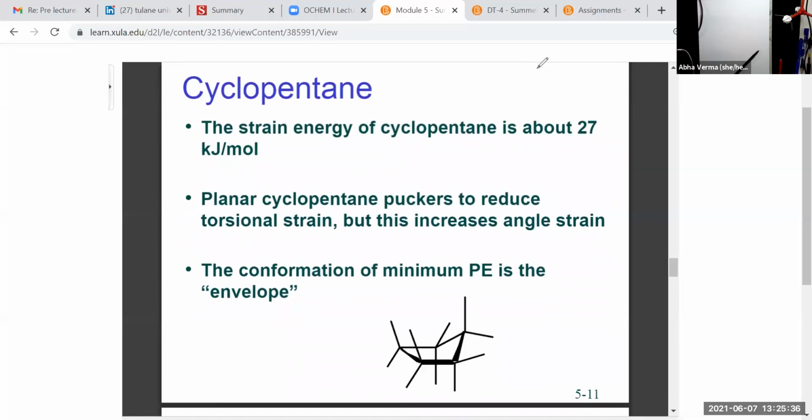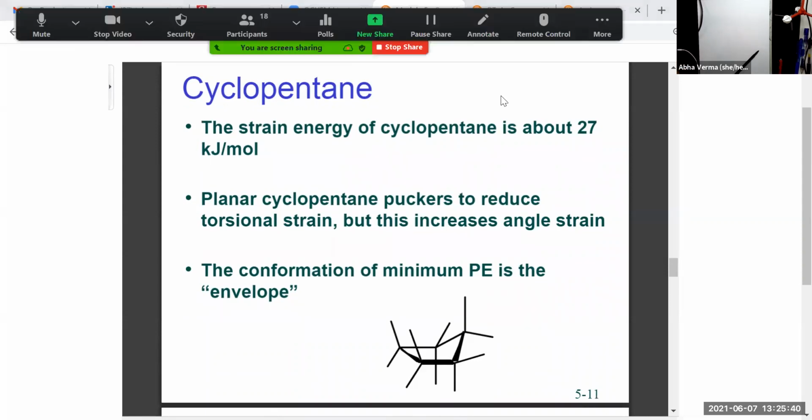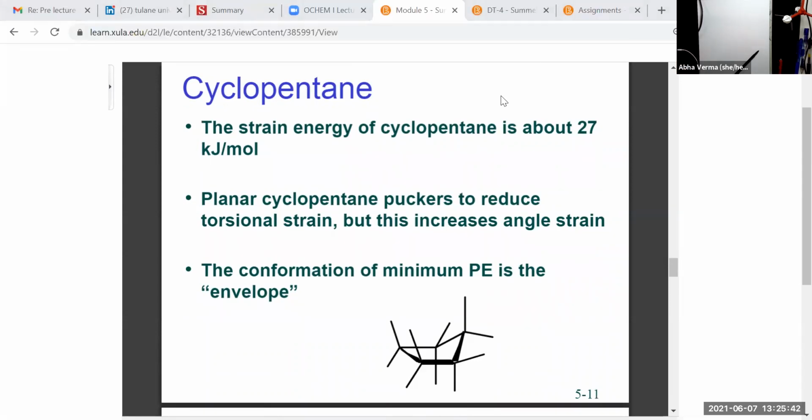Cyclopentane. Now in cyclopentane, your strain is even much less than the cyclobutane. It is also not planar and it puckers like an envelope, and that increases its angle strain. Fortunately, not as much as cyclobutane.